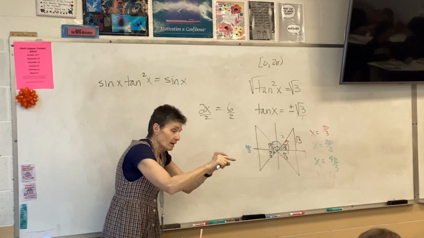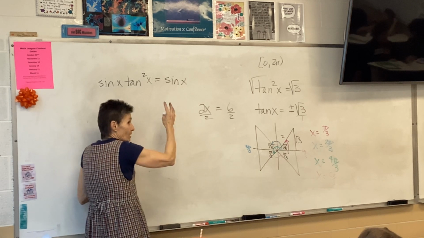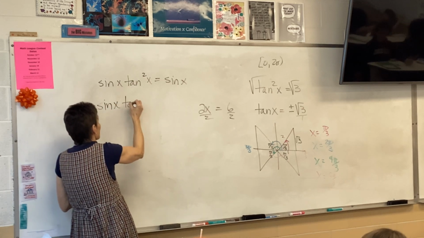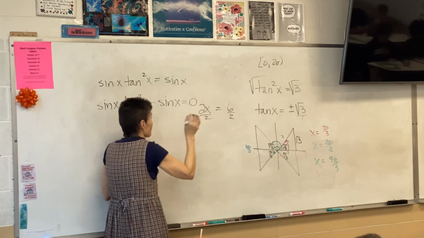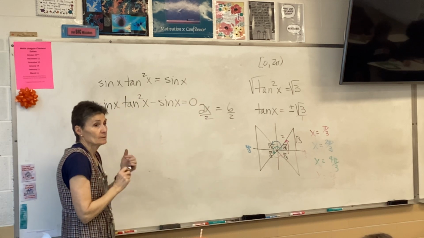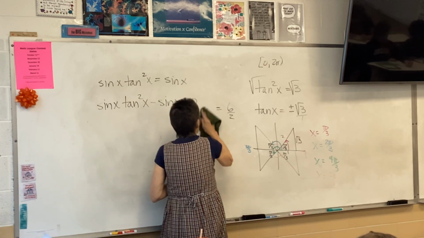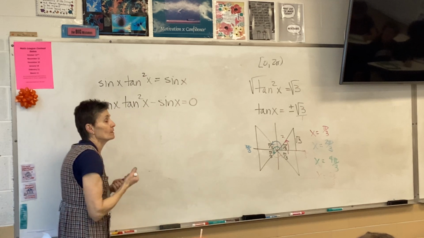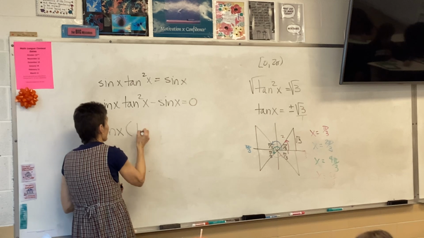The idea was good. Let's get that sine out of there. Well, you can't divide by it, so we will subtract it. Now that is perfectly legal. What do we do once we get it moved over? Factor. We can factor out a sine.